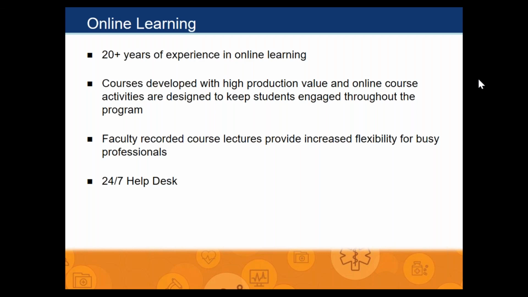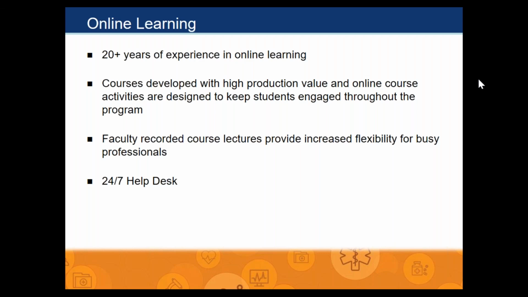You do have the ability, of course, to do this online. So from a flexibility perspective, each of our modules on a weekly basis essentially opens on Sunday, and closes the following Sunday. This allows you the opportunity to listen to the lectures at any point during that week, and to work on the assignments that are due that week. So it offers a lot of flexibility in terms of how you can approach learning. And the faculty work very closely with the students.